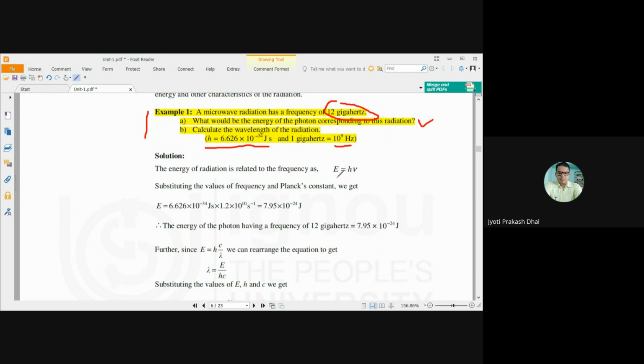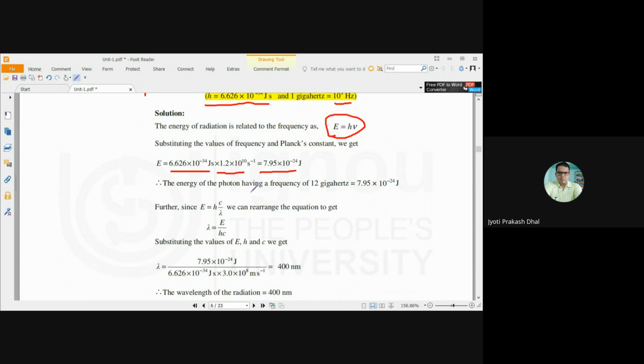Here we know that energy E equals h nu, where h is Planck's constant and nu is frequency. Here 12 gigahertz means 12 into 10 to the power 9 hertz, that is 1.2 into 10 to the power 10 hertz, which gives 7.95 into 10 to the power minus 24 joule. So the energy of the photon is 7.95 into 10 to the power minus 24 joule.